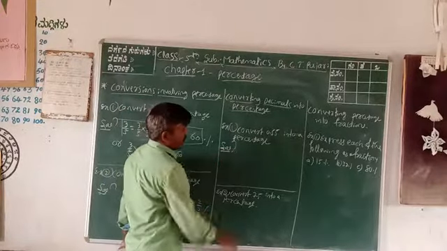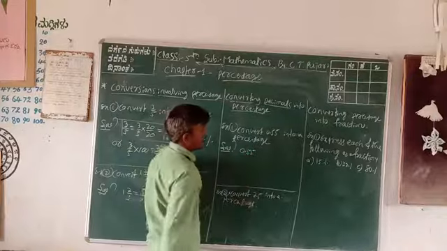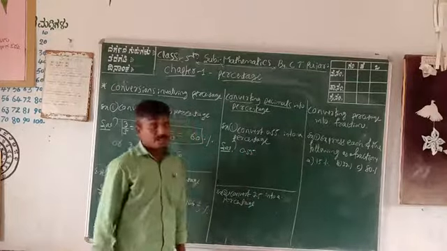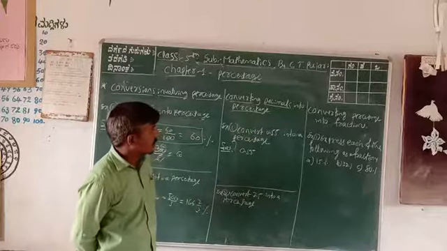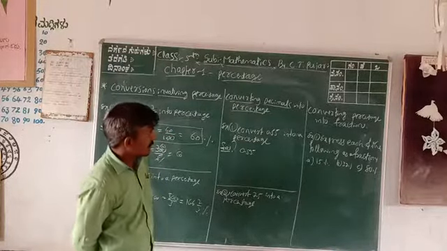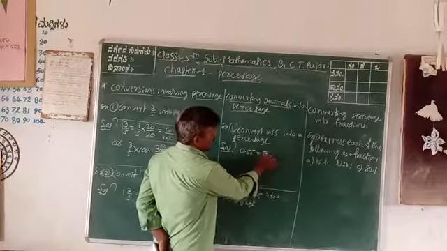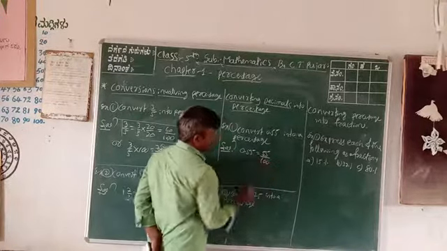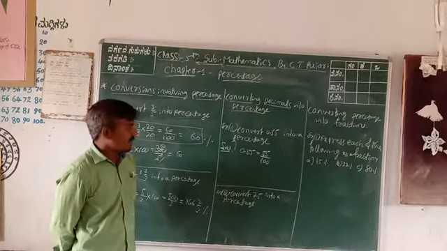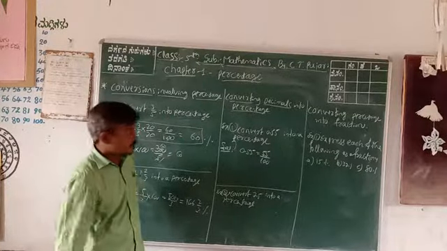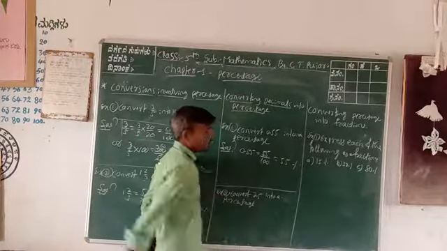Solution: the given decimal 0.55, you can convert it into percentage. This 0.55 is 55 by 100, same as it is. 55 by 100 is directly 55 percentage.